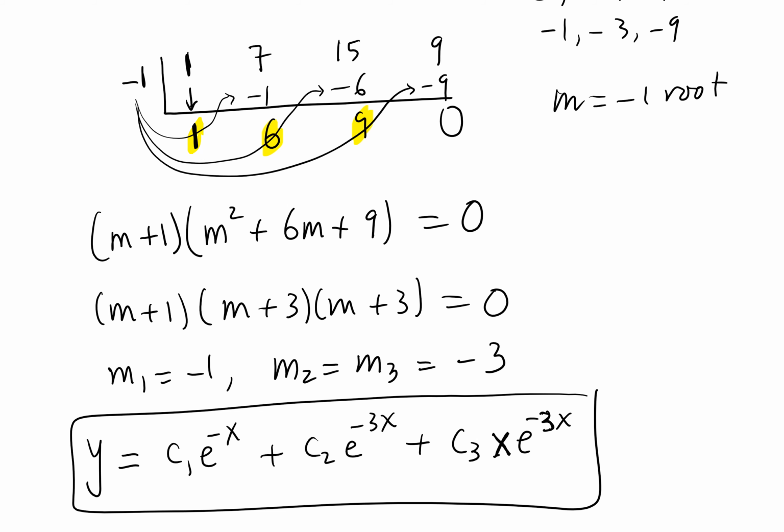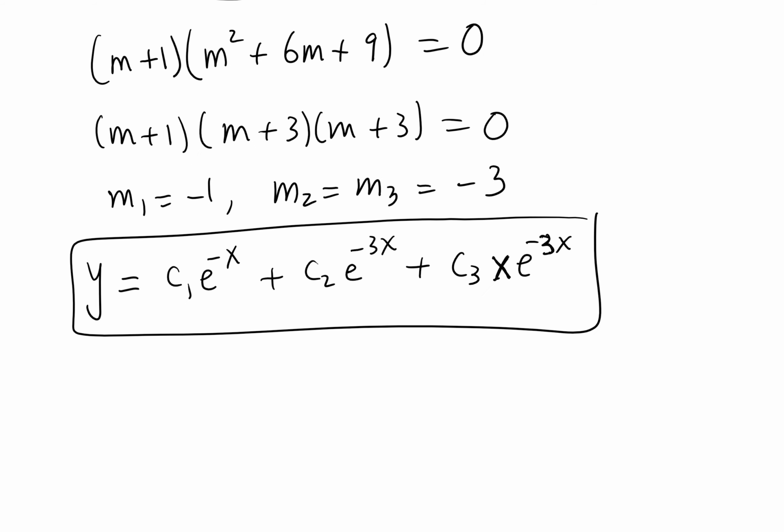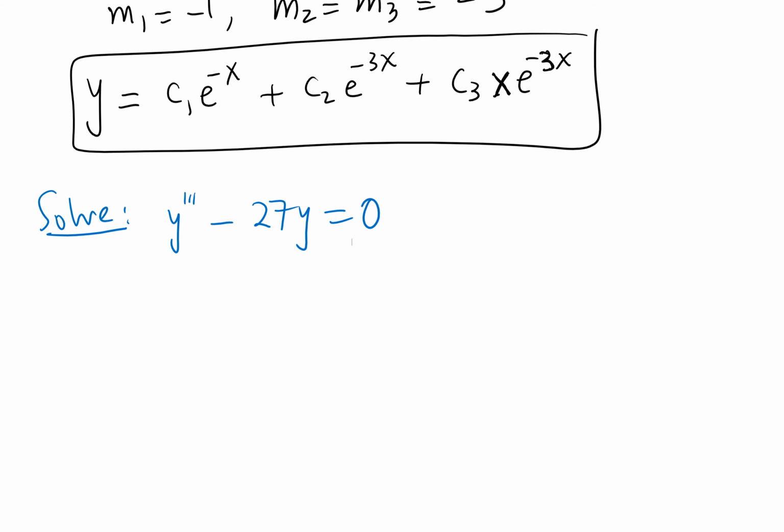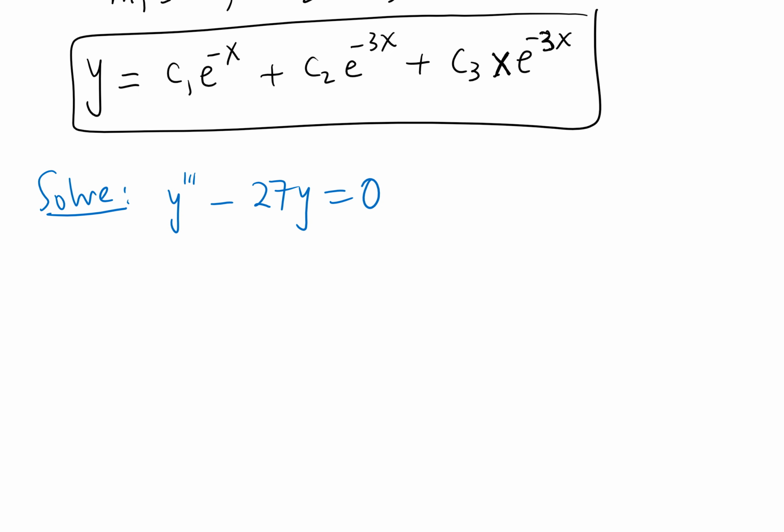The next example: solve y triple prime minus 27y equals 0. So to solve this one, we start with the auxiliary equation m cubed minus 27 equals 0.